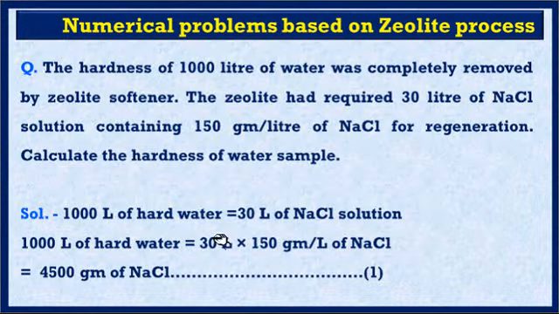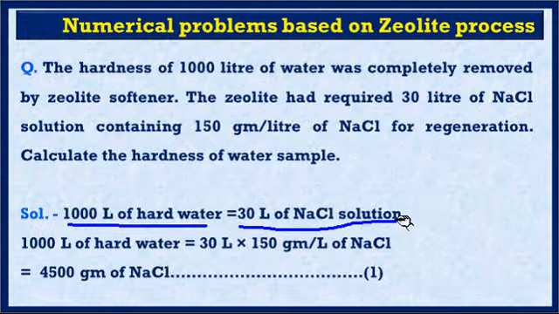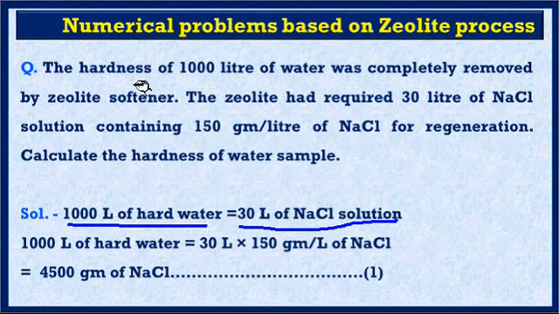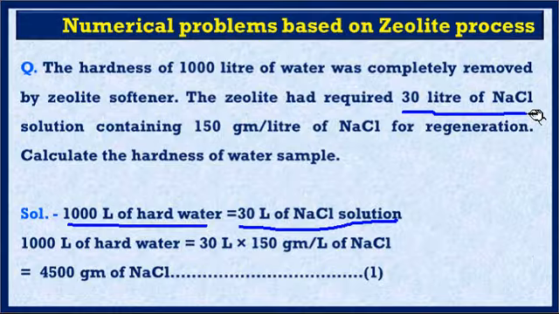In the question it is given that 1000 liter of hard water is equal to 30 liter of NaCl solution. Read the numerical again. The hardness of 1000 liter water was completely removed by the zeolite softener, and this zeolite softener requires 30 liters of NaCl.